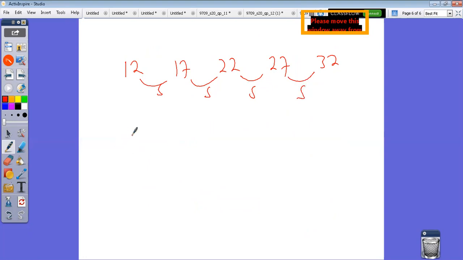So this is my first term when n is equal to 1. Second term, third term, fourth term, fifth term.